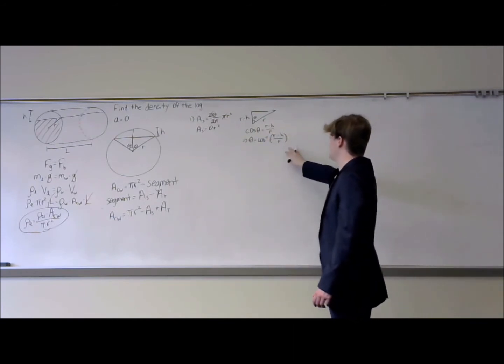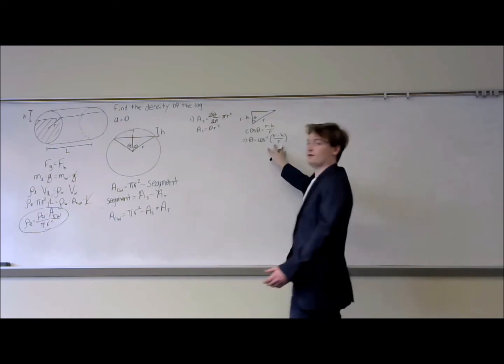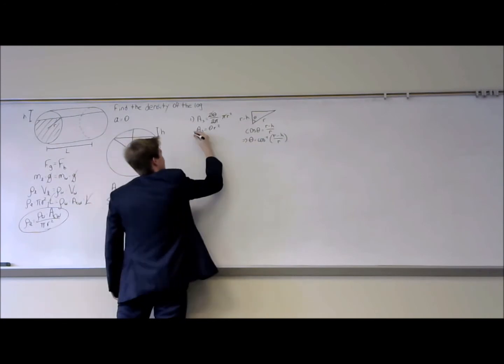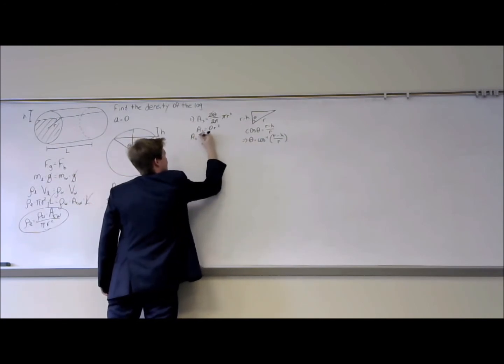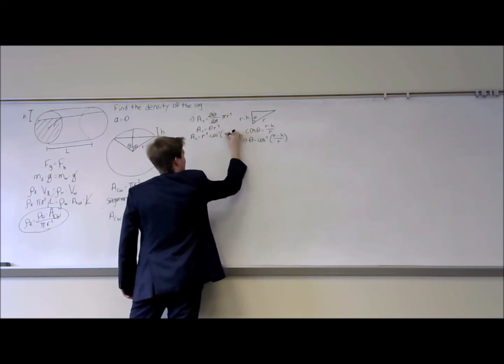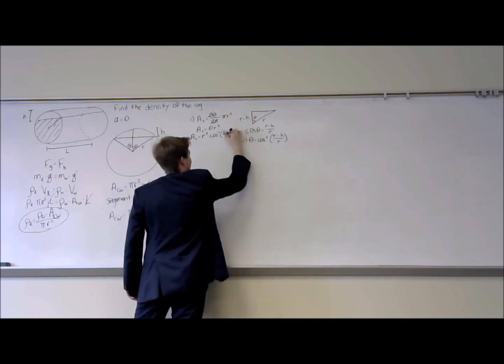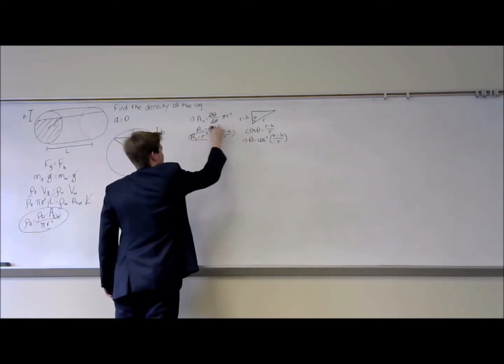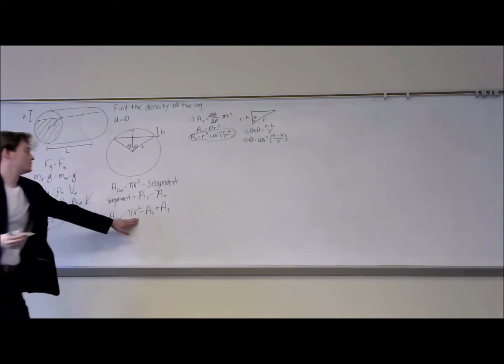And now with this new equation for theta, we can plug it into our area of our sector, and we get area of the sector equals r squared times inverse cosine minus 1 of r minus h over r, just like that. That is part 1 of filling in this equation.